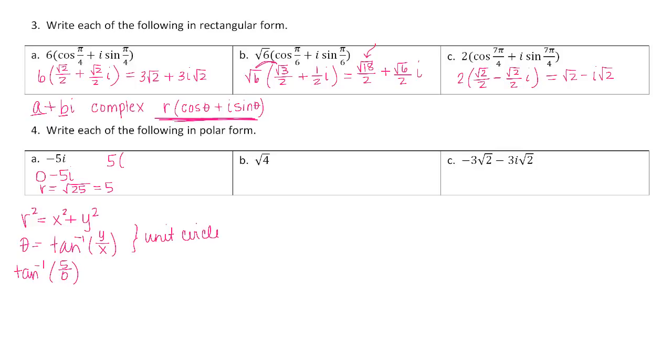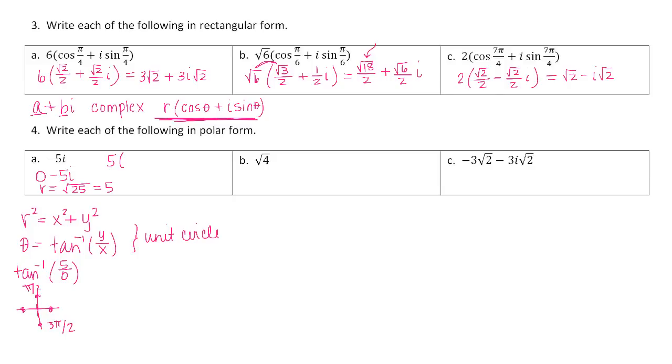So where is tangent undefined? Let's think about our unit circle values and our ordered pairs. And remember, it's y over x. So we see that tangent is going to be undefined at either pi over 2 or 3 pi over 2. What's going to tell us which direction to go is that our 5 is negative.